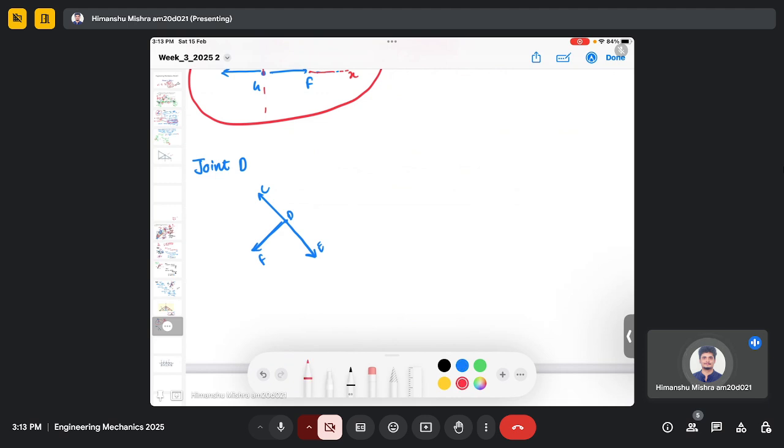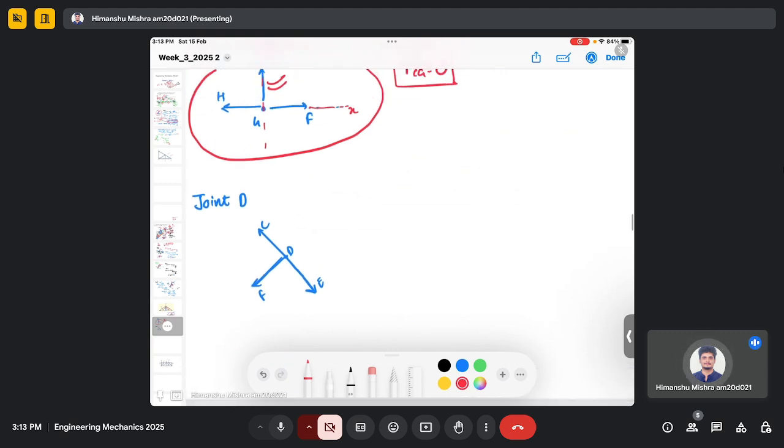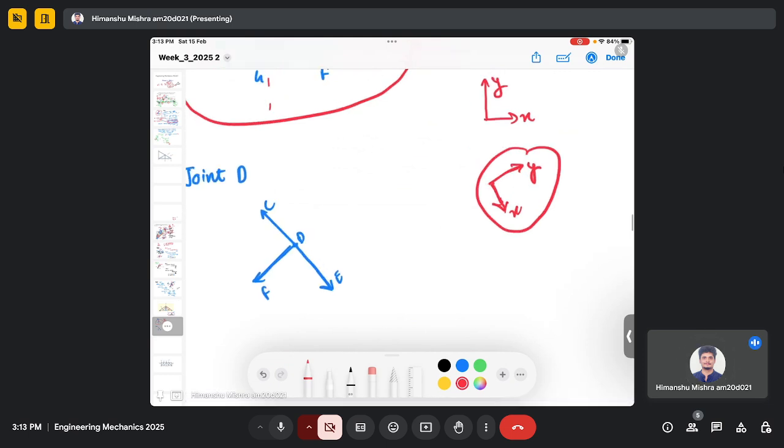Right, now we have to define the coordinate system. In the previous class we actually defined the coordinate system in two ways. You can define it in a regular manner, or it could be a tilted coordinate system along with the member, because we discussed that if we use this kind of tilted coordinate system, it becomes pretty easy to do the calculations.